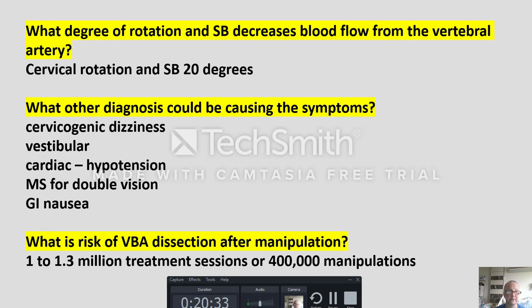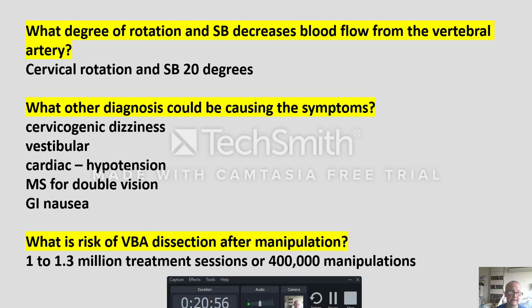And here are your answers. Cervical rotation and side bending 20 degrees. So 20 degrees of rotation and side bending decreases blood flow from the vertebral artery. What other diagnosis could be causing the symptoms?